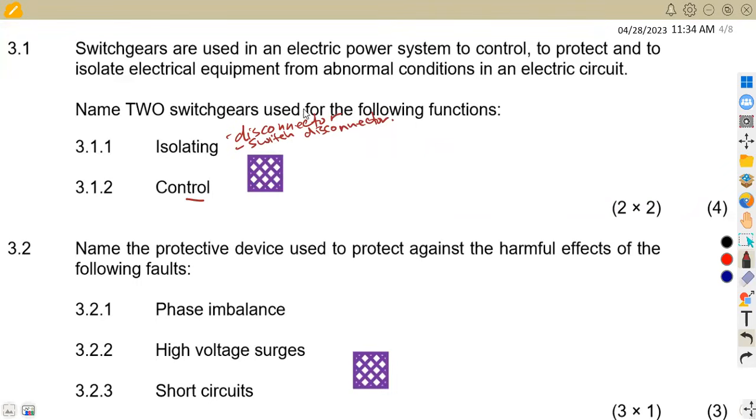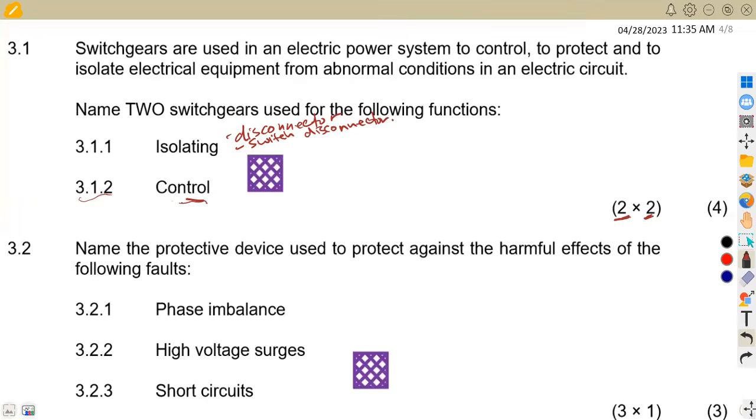That is the disconnector. Yes, it's actually fine. Then on the control part, we also have two for this one. Okay, so it's 2 by 2, which means we can have these ones. Let's see. We can have the relays, the contactors, the timers, and also the day-night switches. These are the ones that you're going to use in this case.